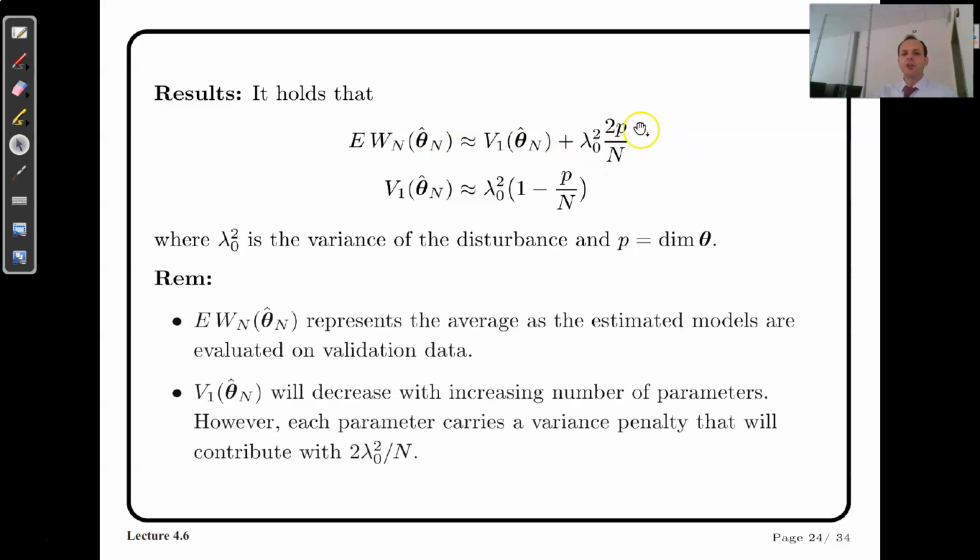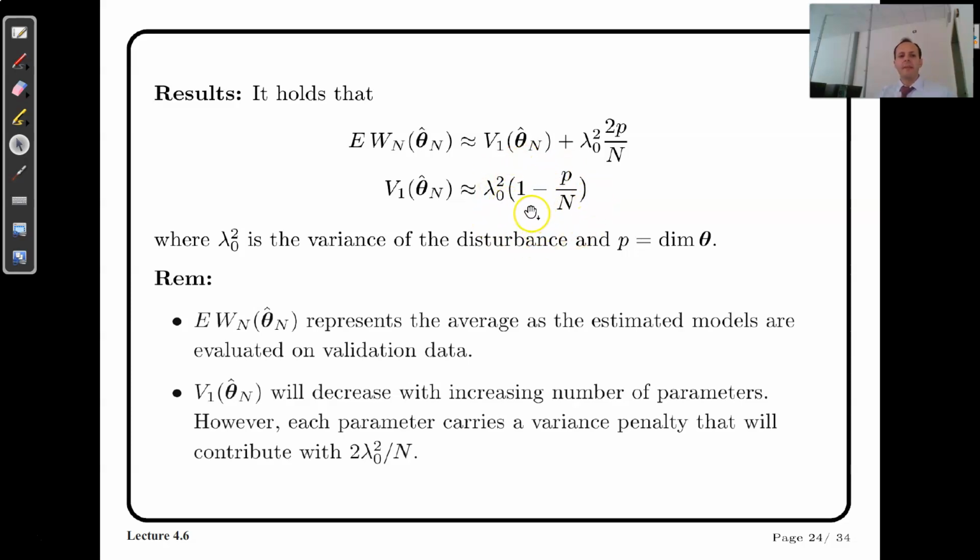It can be shown that the expected value of this indicator is equal to the cost function, which, if you remember, is the mean square equation error, plus this parameter, and W. V1 is equal to this value.